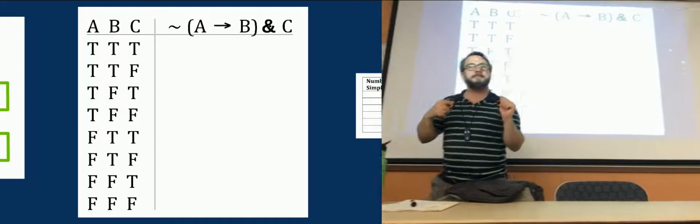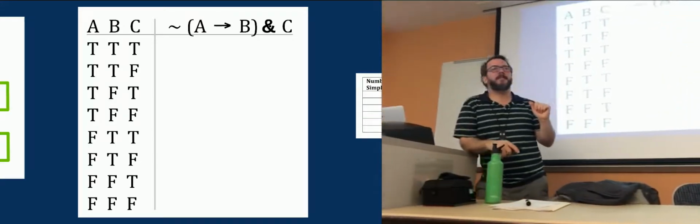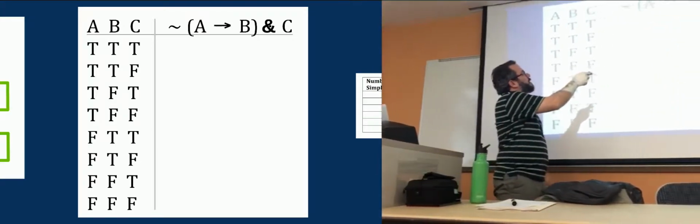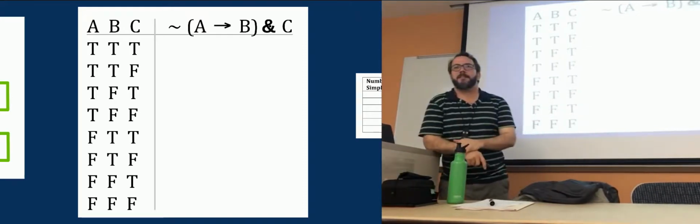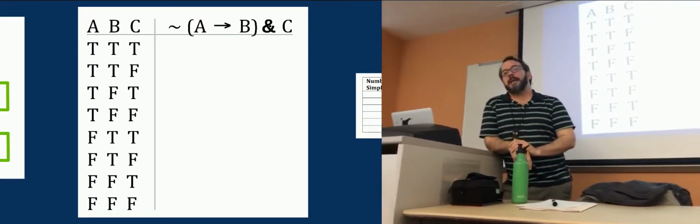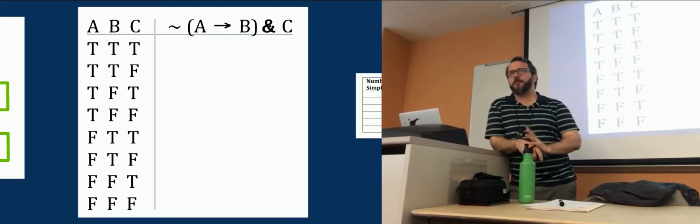Yes, Kristen. It's not the case that if A then B. For example, here's an example of if A then B: if it's raining, then I'll bring my umbrella. I can say that, right? I can also say it's not the case that if it's raining, then I'll bring my umbrella.